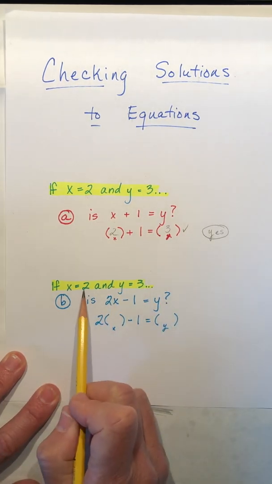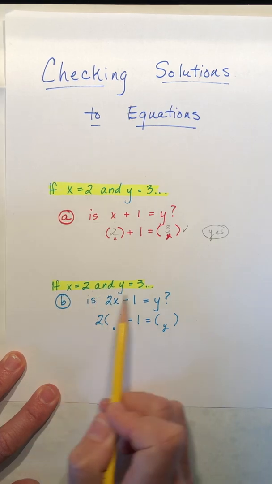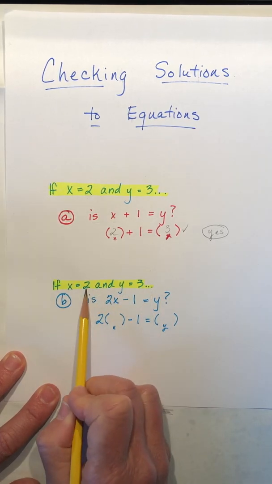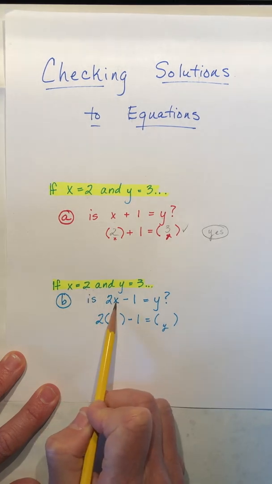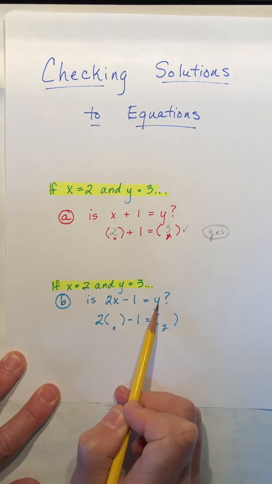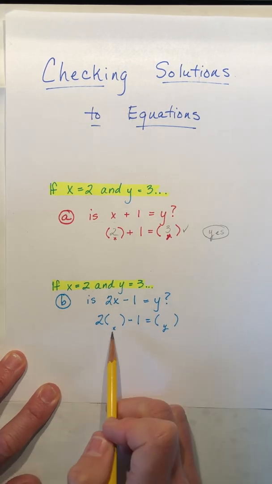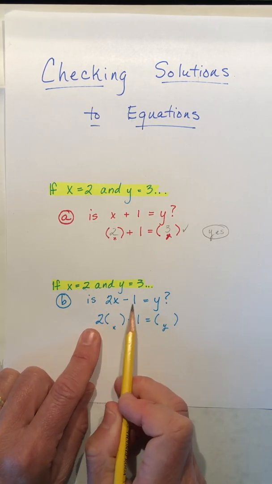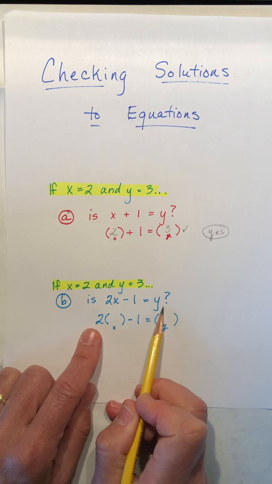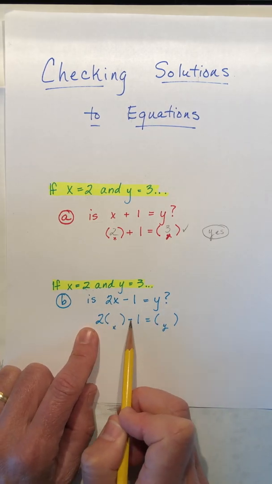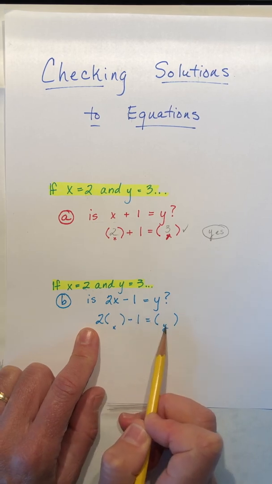Let's try this one. So again, if x equals 2 and y equals 3, the question is, when I substitute 2 in for x and 3 in for y, does that make the equation true? So let's see. I copied my equation, and this is what you're doing with me. 2 times, there's room for my x value, minus 1 equals, and there's the space for my y value.